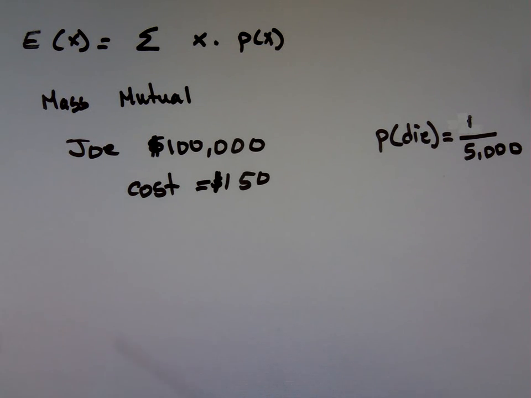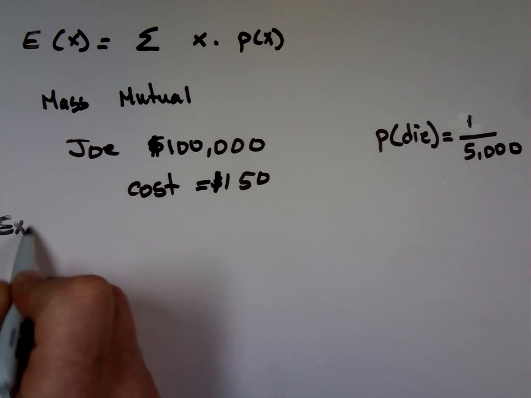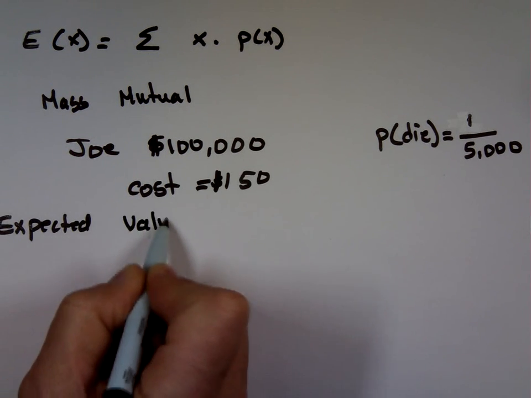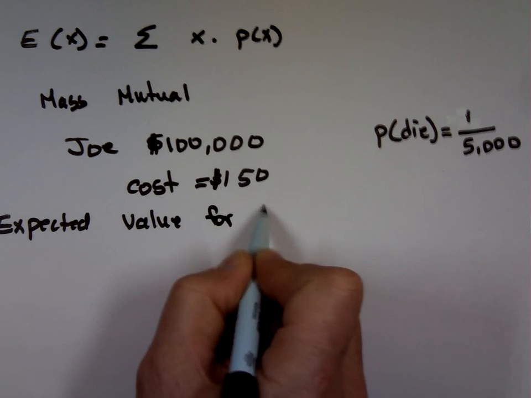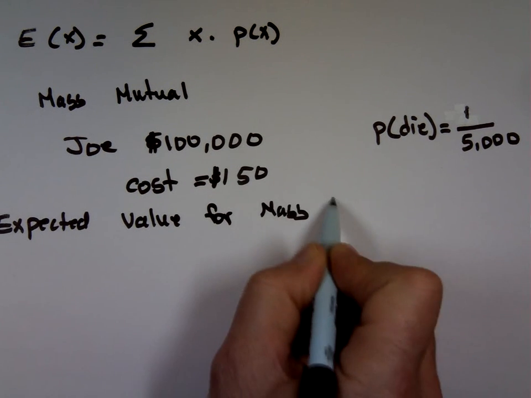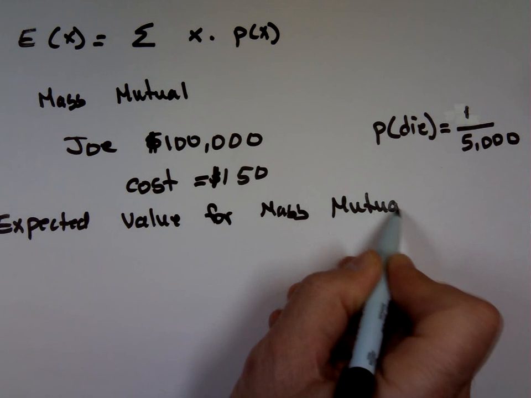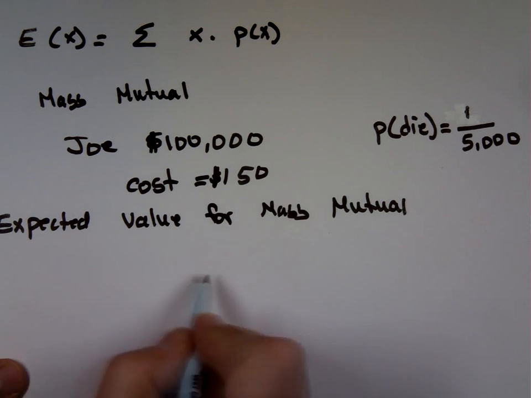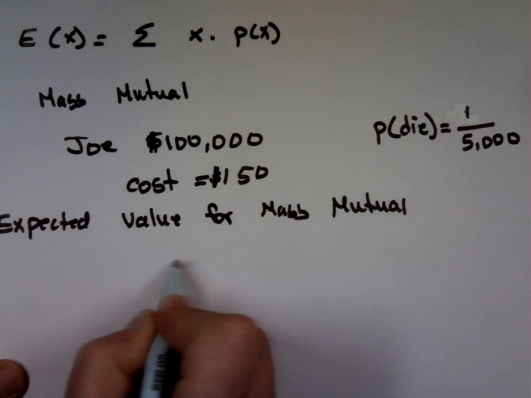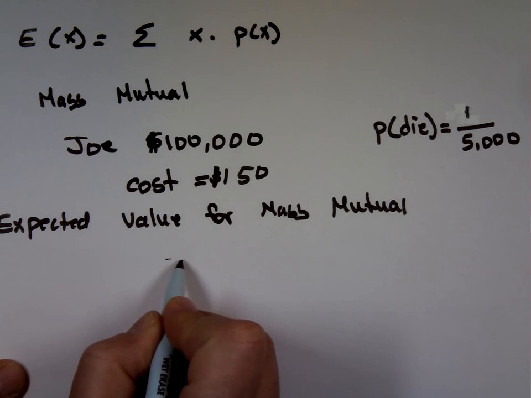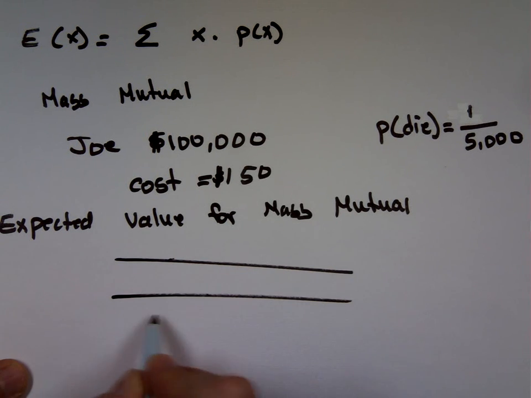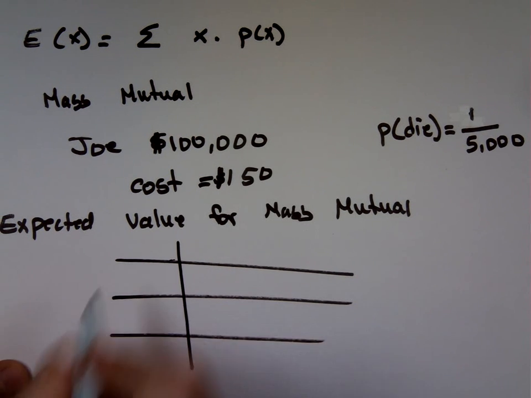Expected value, I'm talking about Mass Mutual. You can use that logic for a casino too. Mass Mutual looks at it, win or lose.